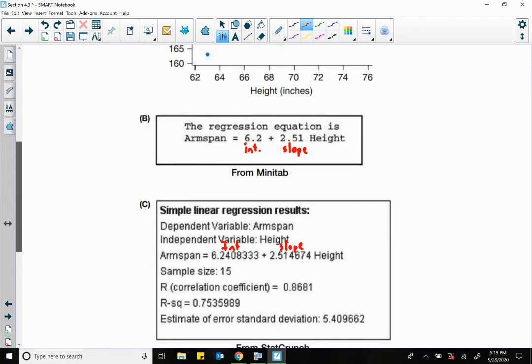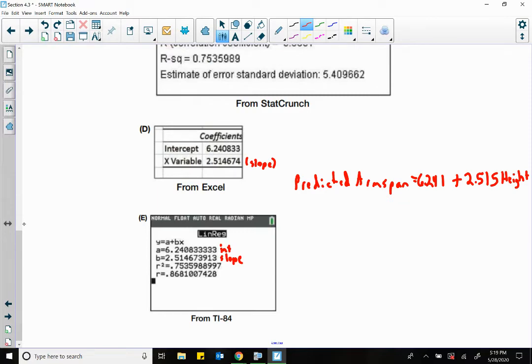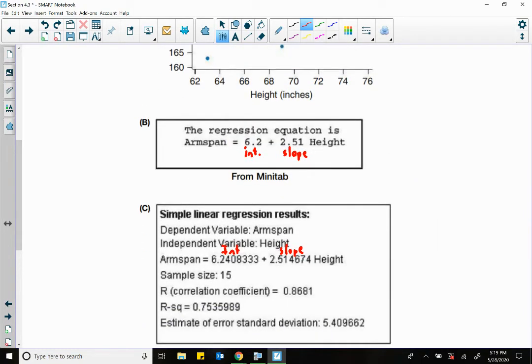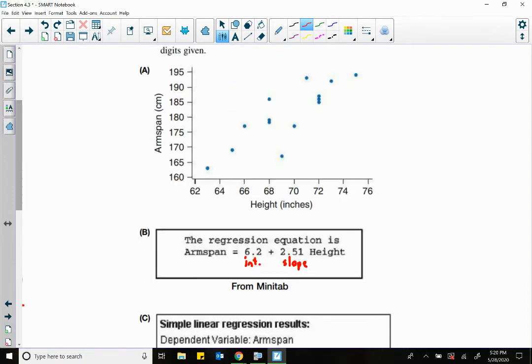Okay? So what this means is, looking at this data, for every inch you get in height, your arm span increases at an average, because this is a mean, remember, of 2.515 centimeters.